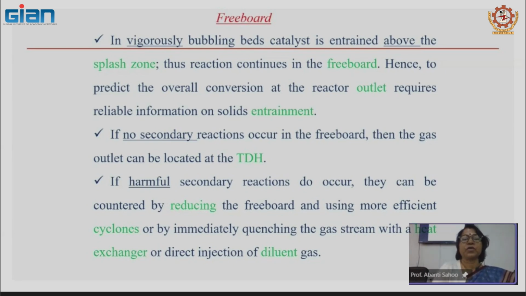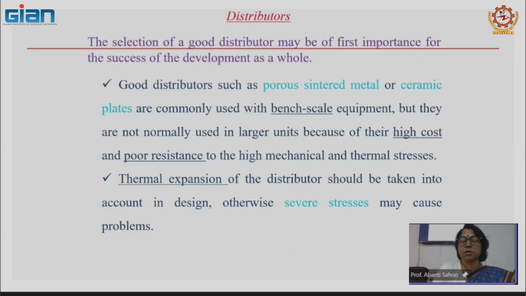If the freeboard is extending above the TDH, we can provide the cyclone separator, so that solid particles can be separated from the fluid also.